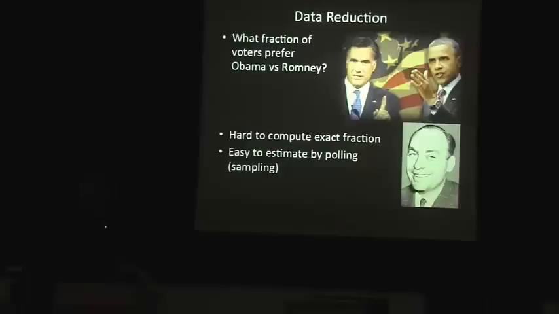We don't actually ask everybody what their opinion is, but the point is that if you pick a random set of people and you ask them what is your opinion, the percentage that you compute on the random sample is actually a very good estimate of the actual percentage on the entire population. That's George Gallup, and all of you have read about Gallup polls. This is something done by the Gallup organization that he set up.